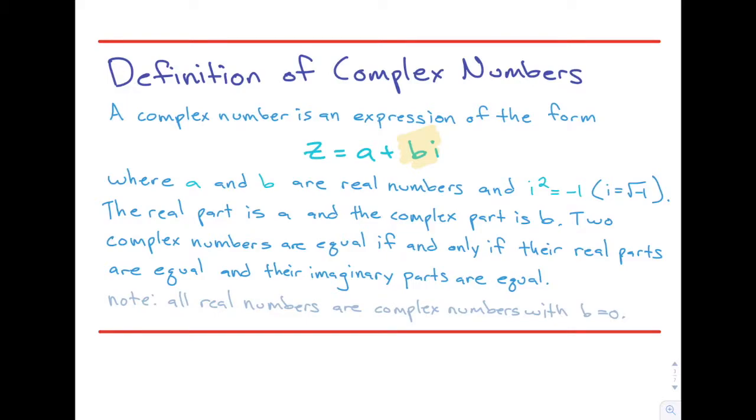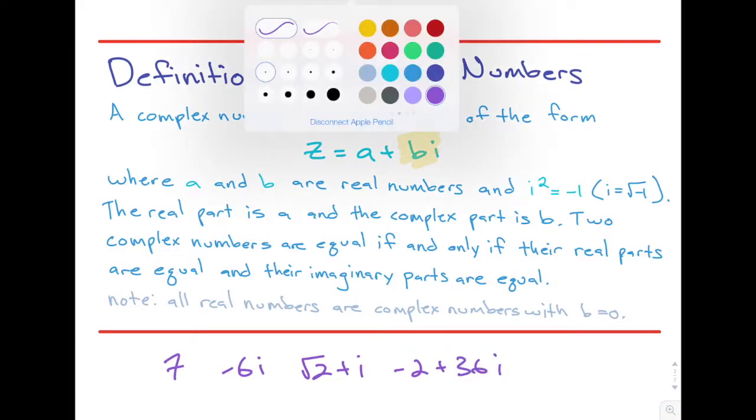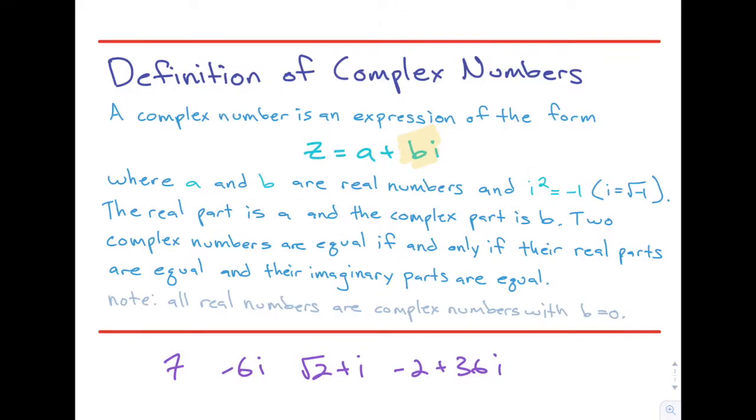So we might have some numbers that look like 7. We could have negative 6i, we could have the square root of 2 plus i, we could have negative 2 plus 36i. These are all complex numbers. In the first one, we have a real part of 7 and an imaginary part of 0.